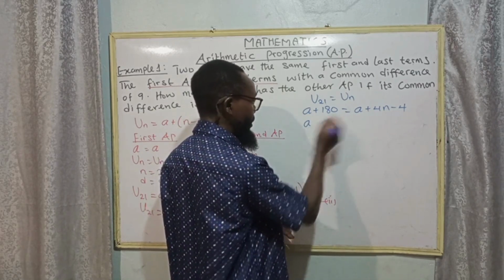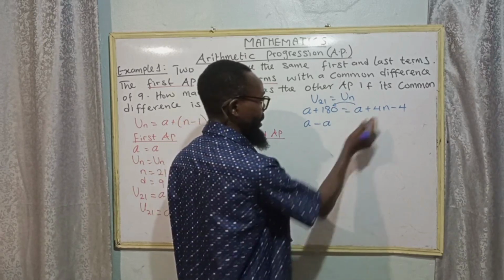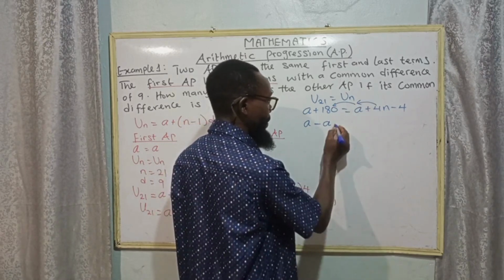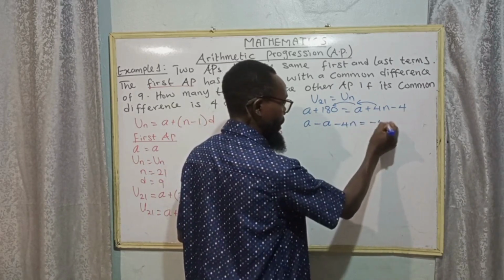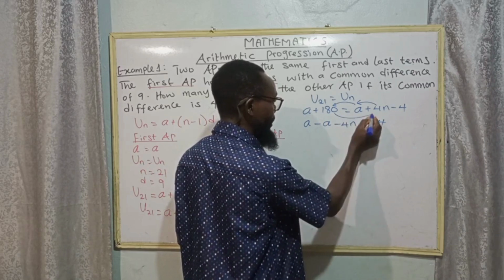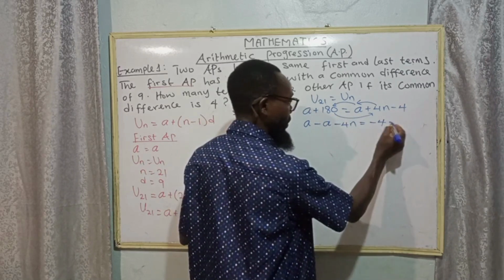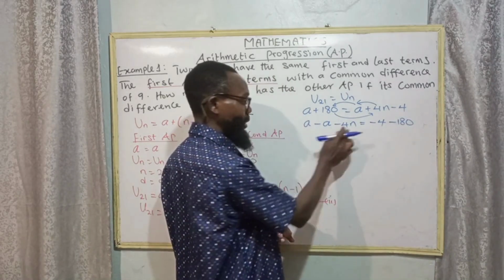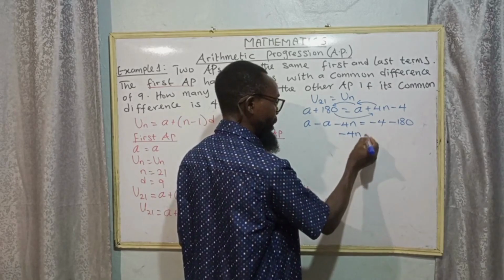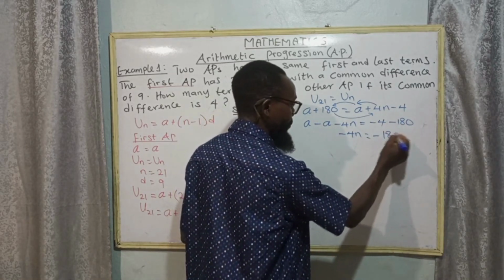Now here we have A, take this A minus A, then take this plus 4n to the left, minus 4n, unknown to the left, equals minus 4. Let this plus 180 meet this minus 4, the known. Plus 180 crosses and becomes minus 180. Plus A minus A cancelled. We are going to be left with minus 4n equals minus 4 minus 180, we have minus 184.